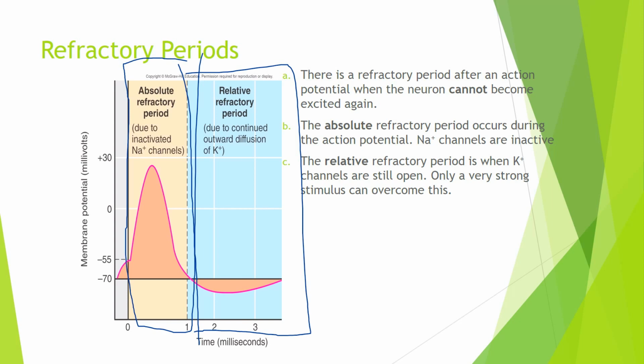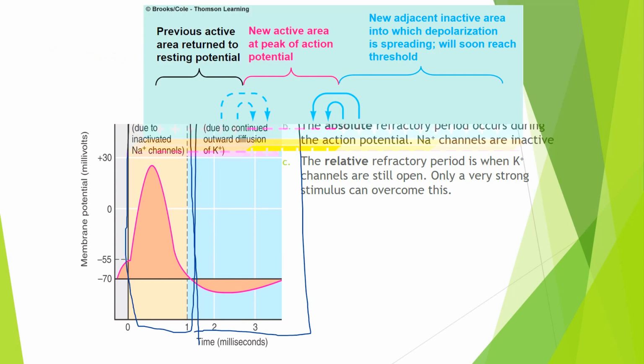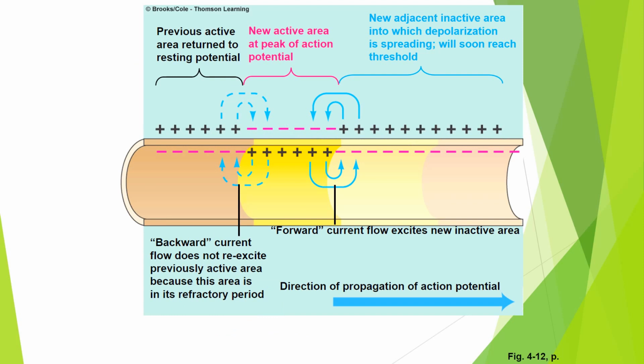So the big thing that we can change then is the frequency of action potentials, but you can't change how great the response is from them. So when we look at this visual, it helps to show that we have propagations of action potentials that travel down the axon rather than being sent back to the cell body due to these refractory periods, okay?